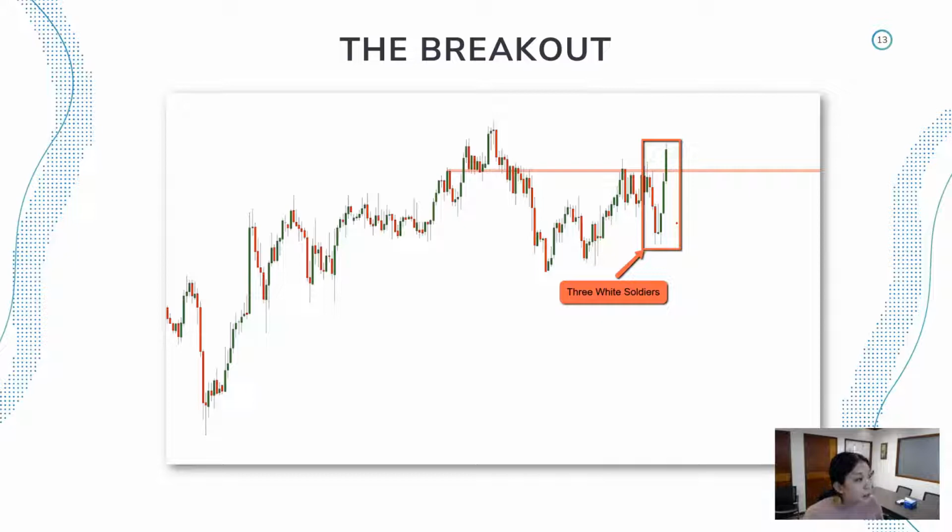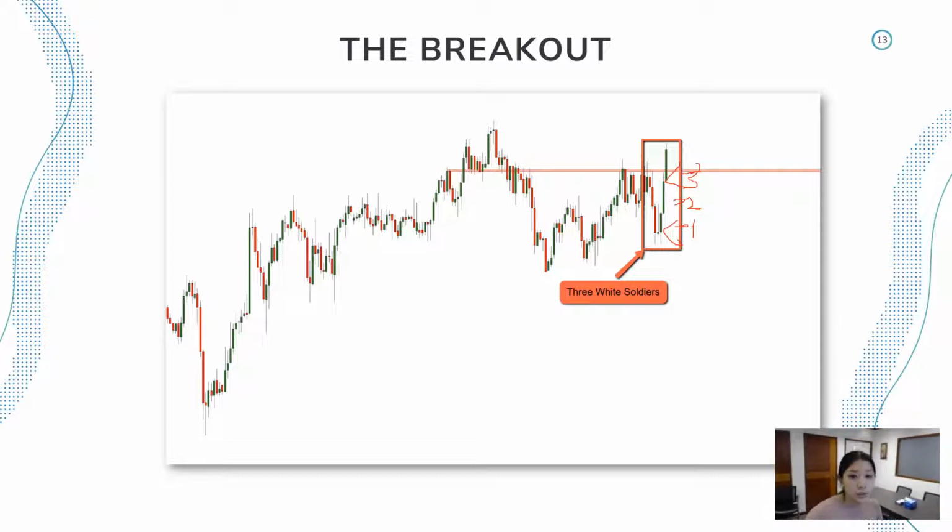You try to identify them when they are in the same, consistent shape, and there are three candlesticks over here. This is the first one, the second one, and the third one here. And they must be in a consistent shape.